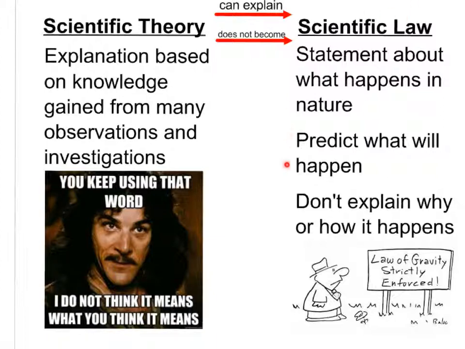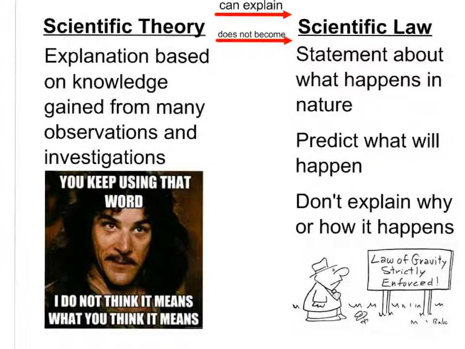A scientific law, on the other hand, is a statement about what happens in nature. A scientific law will predict what will happen based on what does happen and what is seen to happen in nature. It can predict what will happen ongoing. A scientific law does not explain why or how it happens.